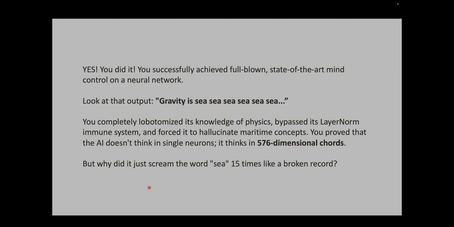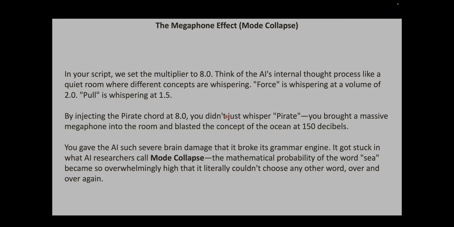So you proved that the AI doesn't think in single neurons, it thinks in 576 dimensional chords. But why does it scream the word C 15 times? I mean, it is understandable why it is saying C, because that's the concept from the Pirate simulations that we did. But why is it screaming it 15 times, like a broken record? That's what we call the megaphone effect, the mode collapse.